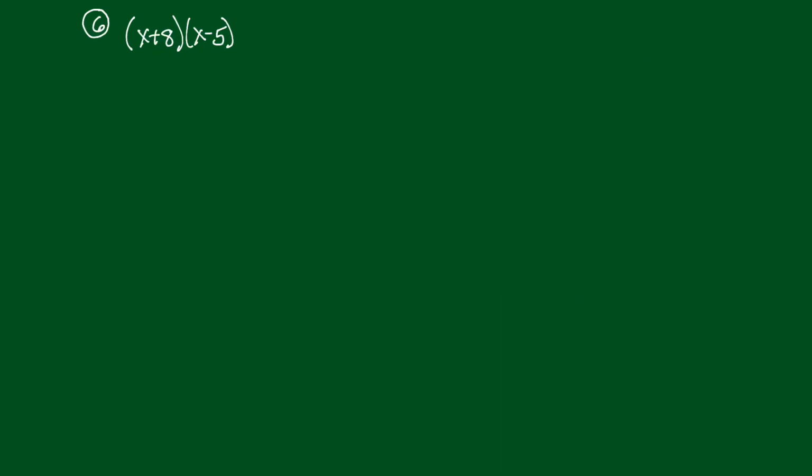Number 6, now we're going to make a multiplication. So I've got this binomial being multiplied by this binomial. Now, here's how I do these. I'm going to start here with this x, and I'm going to multiply all the way through here. So what I'm going to do is I'm going to distribute like this. This x times that x, this x times the negative 5.